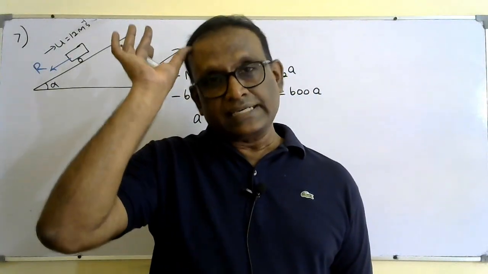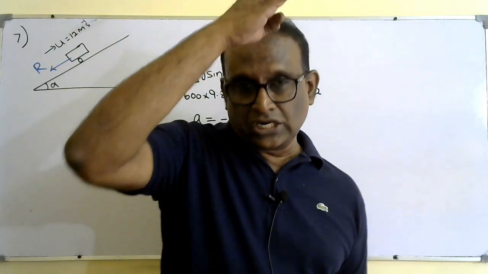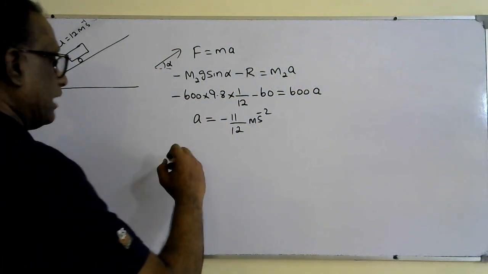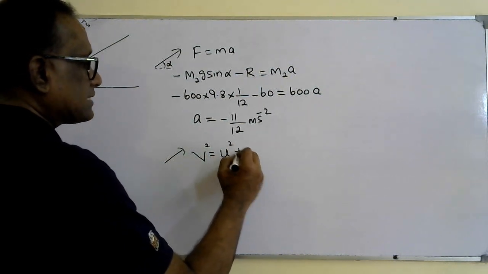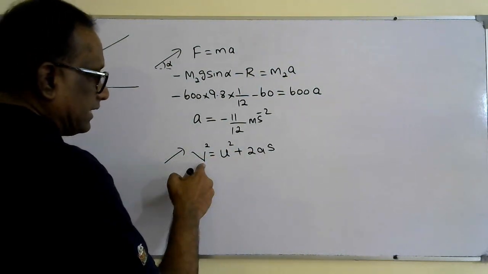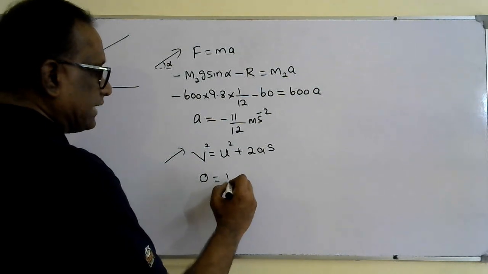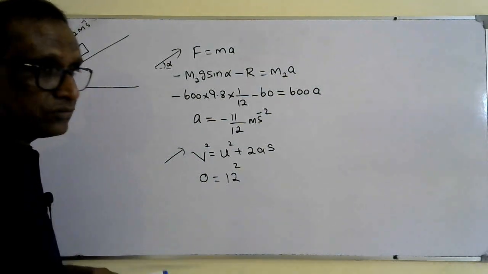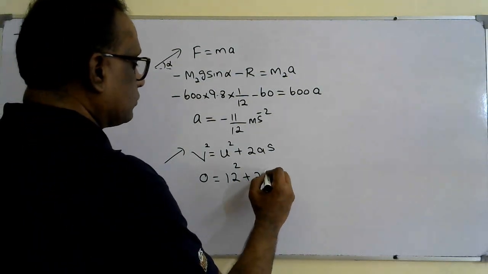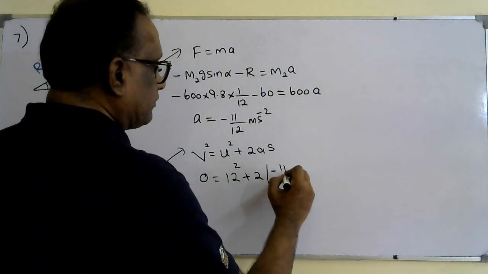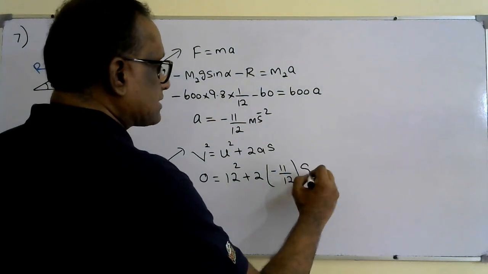The question is, find the maximum distance it moved along the plane up. So along the plane up, we'll use v squared equals u squared plus 2as. Finally, the speed becomes zero. Initially, at the moment it breaks the tow bar, it was 12 meters per second. So 0 equals 12 squared plus 2 into, the acceleration is negative, 11 over 12, s.